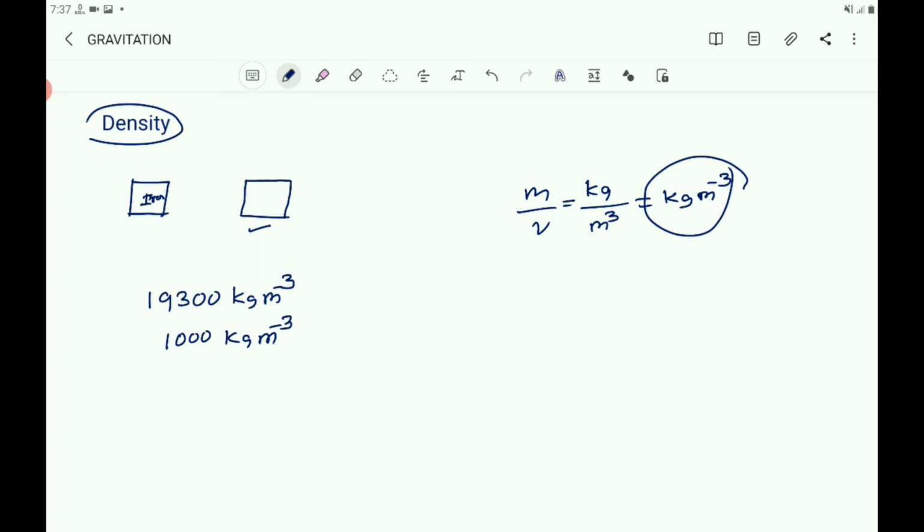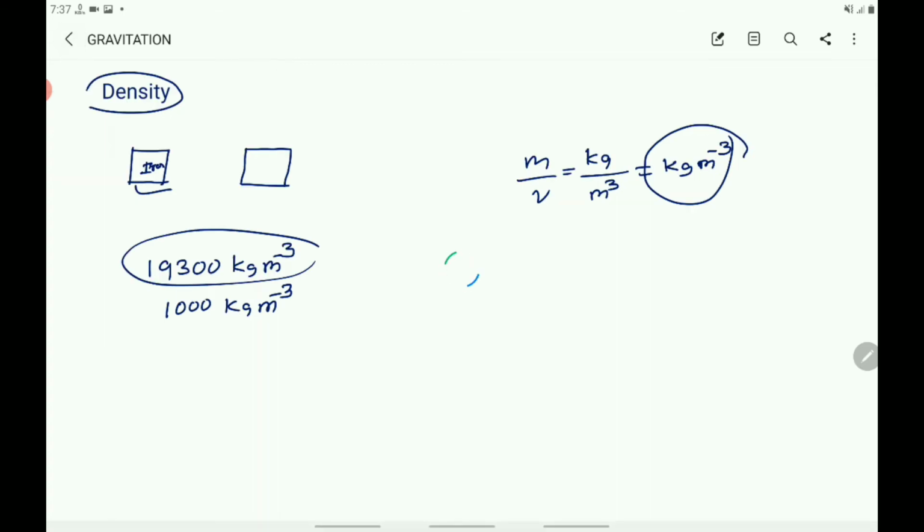Just as I have given, the density of cotton is less than the density of iron, and that is less than the density of gold. So, these metals have more density.